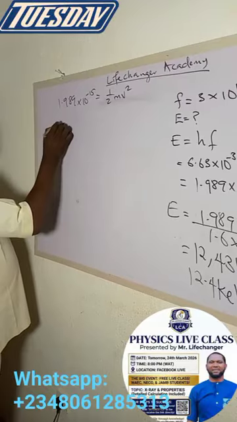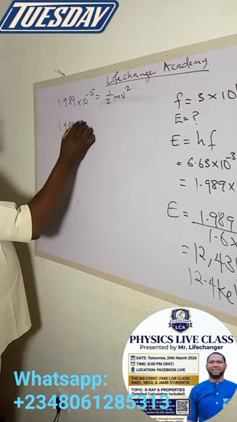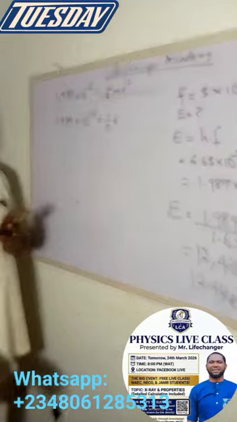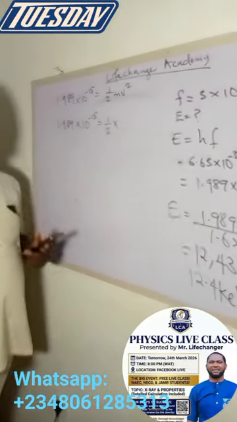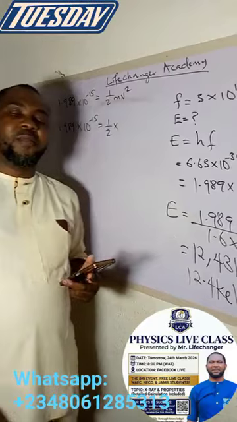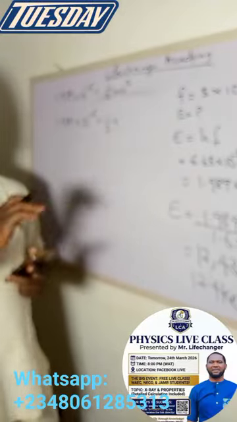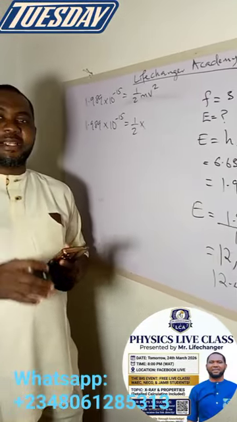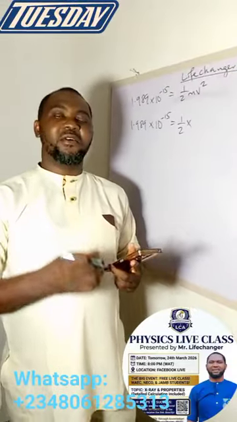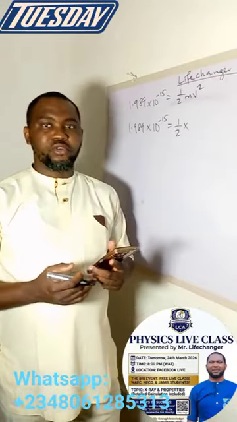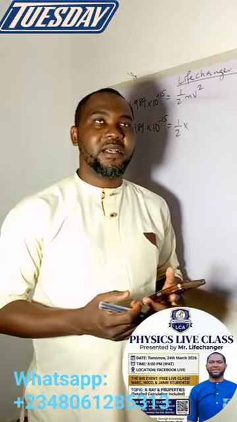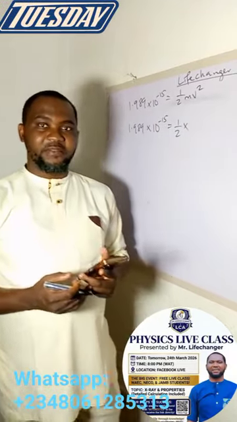It means that 1.989 times 10 to the power negative 15 is equal to half times m, the mass of an electron. Remember, half mv squared is the kinetic energy of an electron. The mass of an electron is also a constant value. As a science student, you should know the value for the mass of an electron. You should also know the value for the charge of an electron.